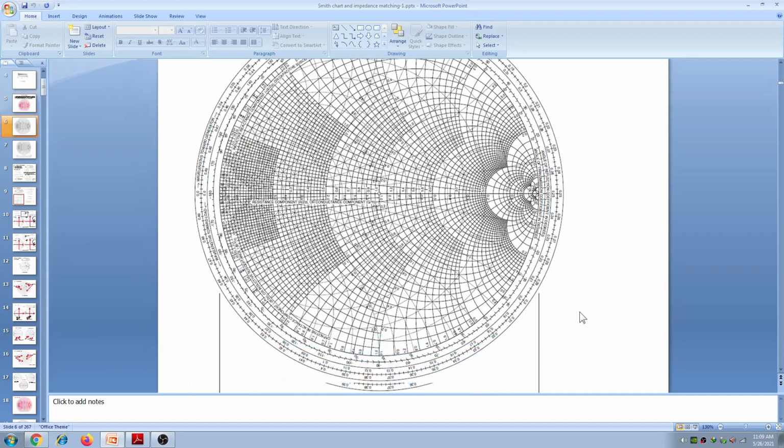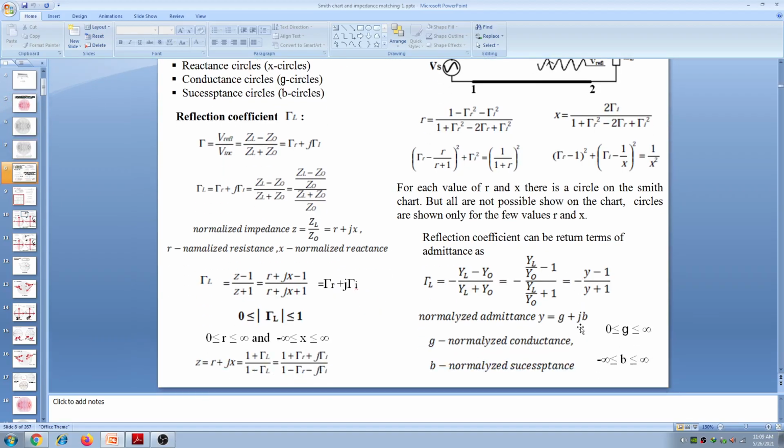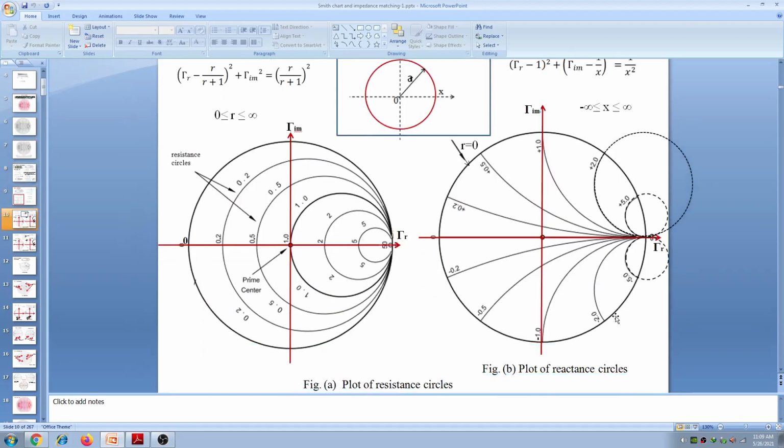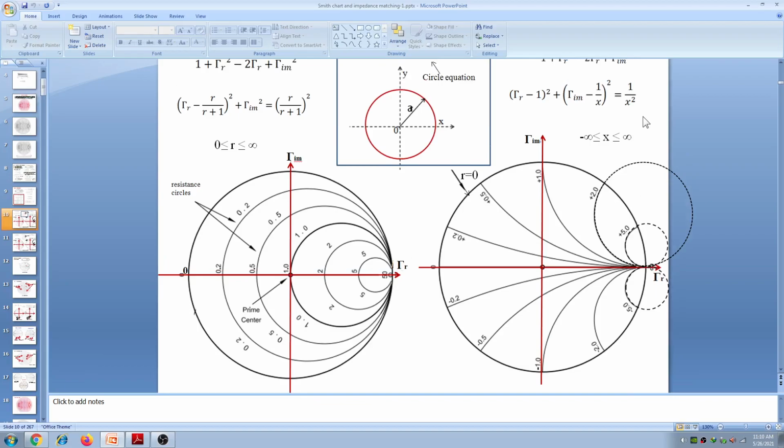If you plot the reactance circle, it will be like this, but this part is not shown on the Smith chart, only this part is observed. This is for X equal to 5. Similarly, the radius goes on reducing as the value of X increases. For every value of X there is a circle.